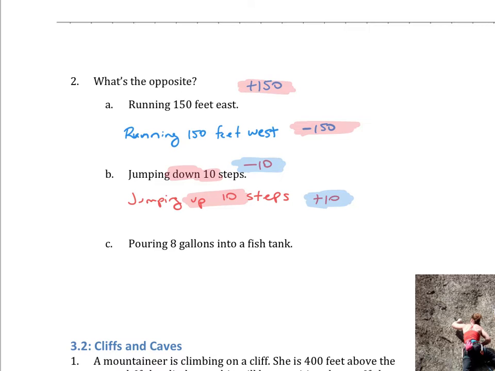Then finally, we have pouring 8 gallons into a fish tank. If we're pouring into it, that means we're adding 8 gallons, so that's a positive 8. The opposite of that would be emptying 8 gallons from the fish tank.